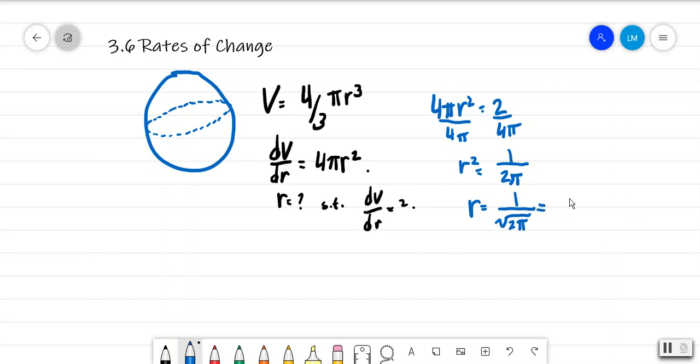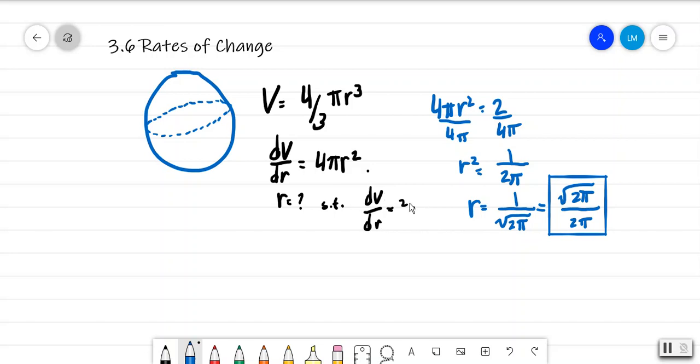If you rationalize this, it gives the square root of 2 pi all over 2 pi. So this is the radius which would make the rate of change equal to 2 units.